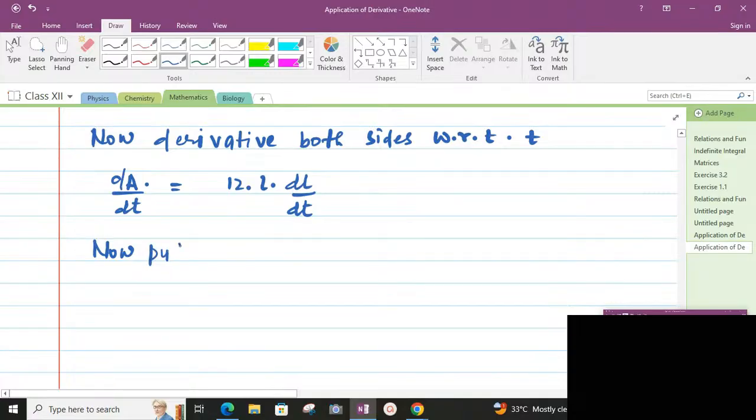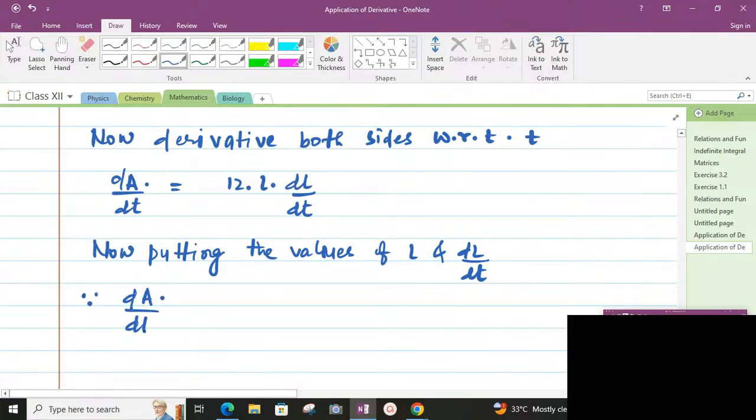Now putting the values of L and dL/dt. So here dA/dt equals 12 into the value of L, which is 12, and the value of dL/dt equals 1 by 54.